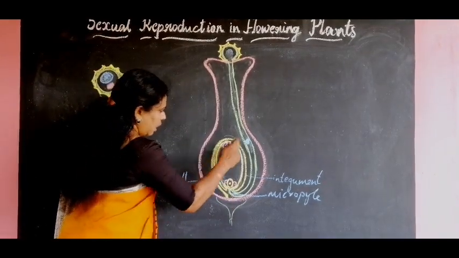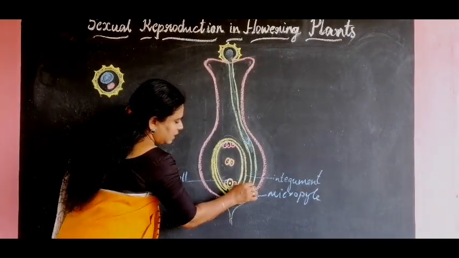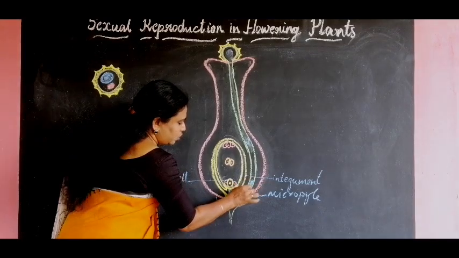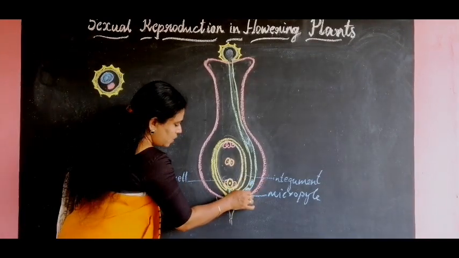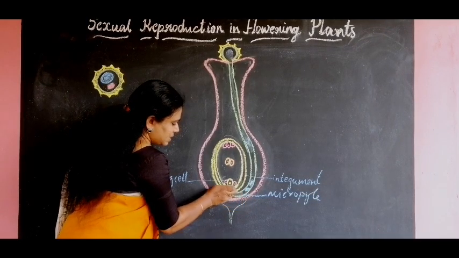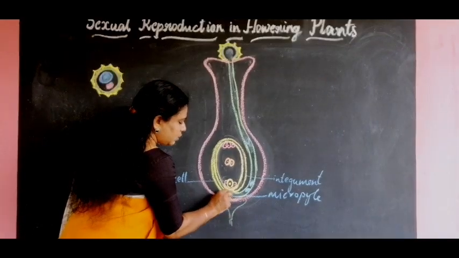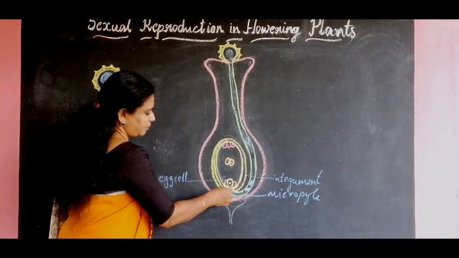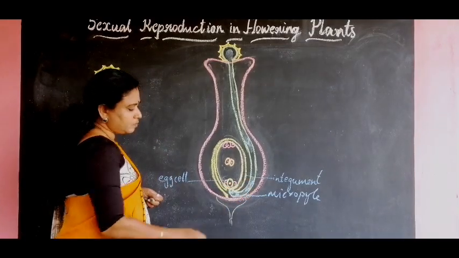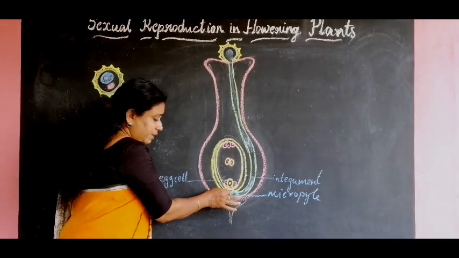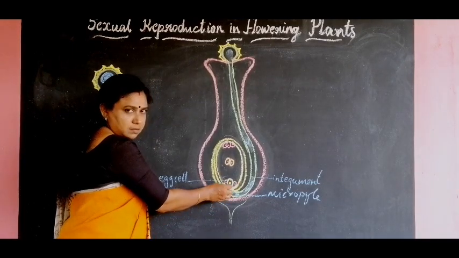Now the single male gamete divides into two, and these two male gametes enter the ovule. When they enter the ovule, the egg cell is there.